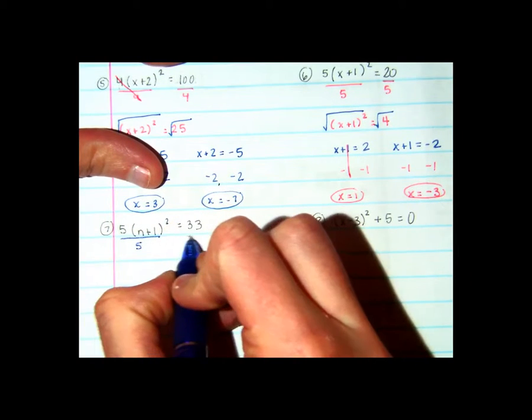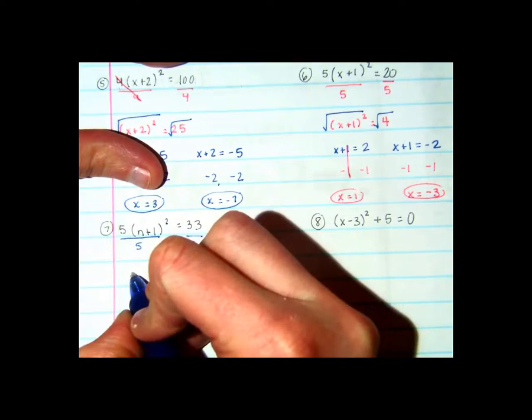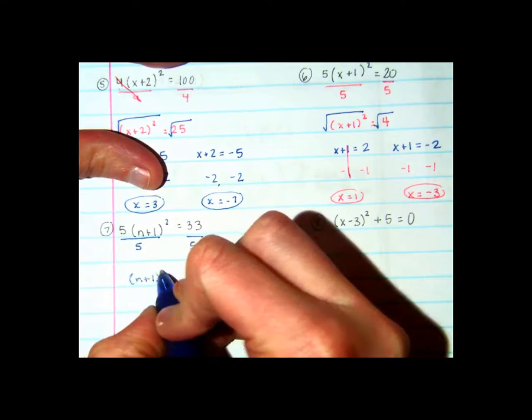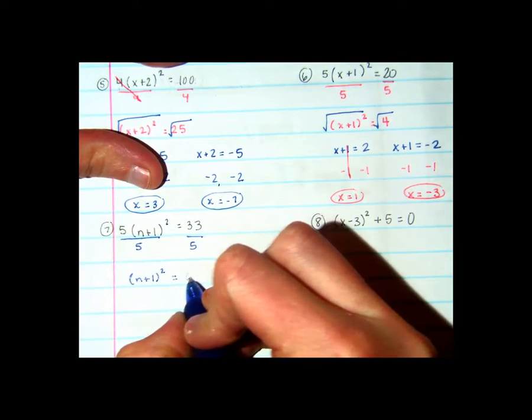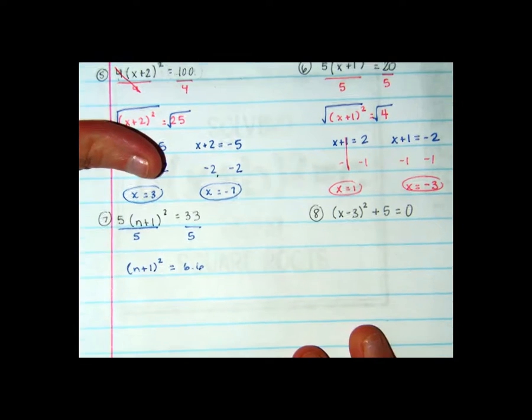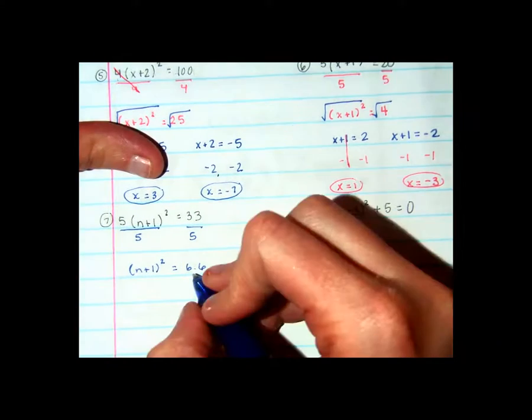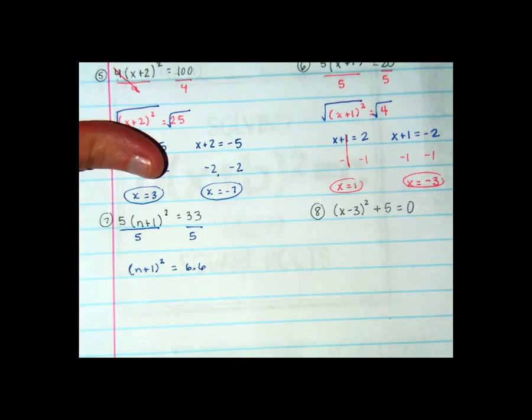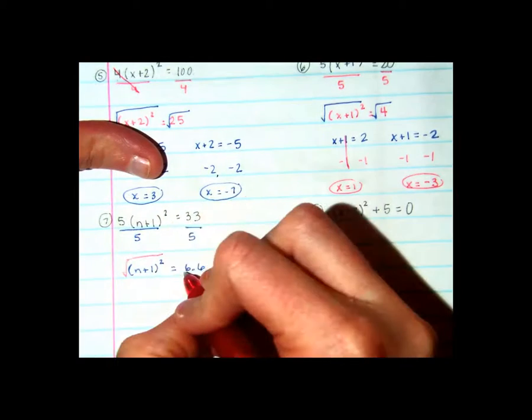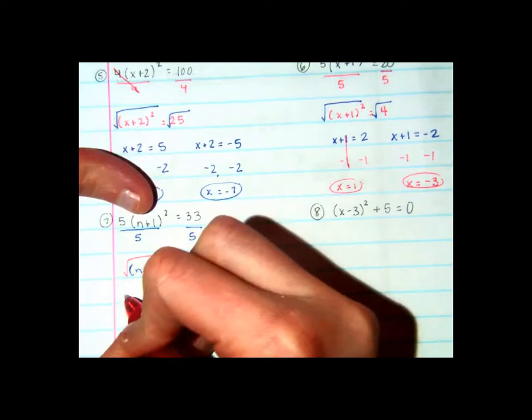Divide by 5. What is 33 divided by 5? 6.6? Is that what you said? Cool. 6.6. Take the square root. That's where you're going to have to round, I'm pretty sure.